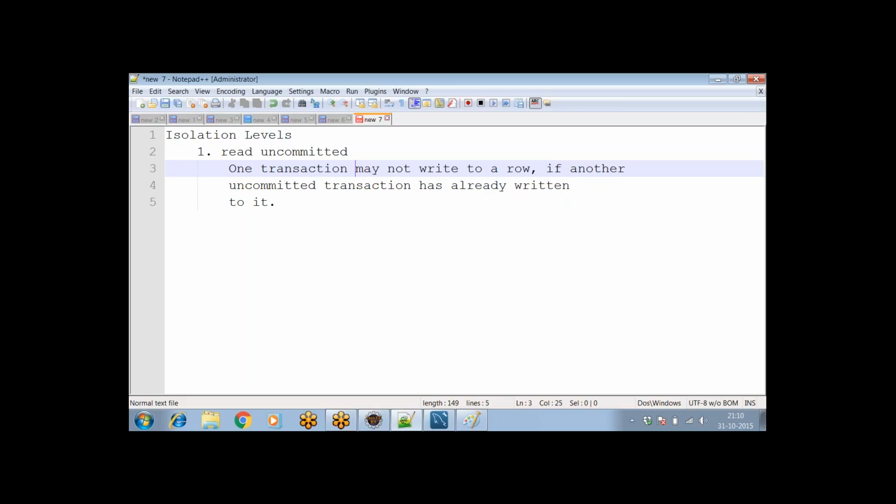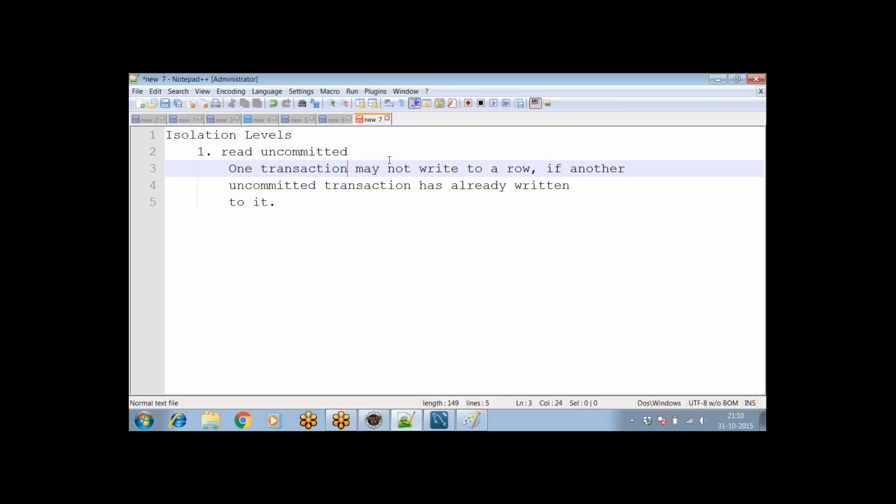But if there is any reading transaction, it will be able to read the data. If any transaction wants to read the data, it can do that. But if any other transaction wants to write while a writing transaction holds the row, it cannot.